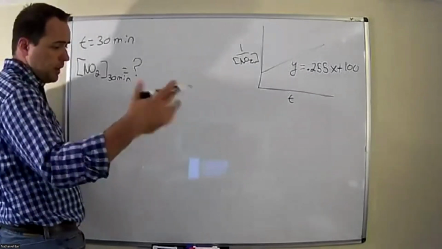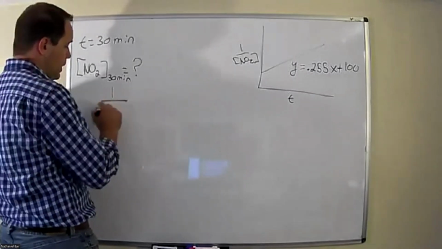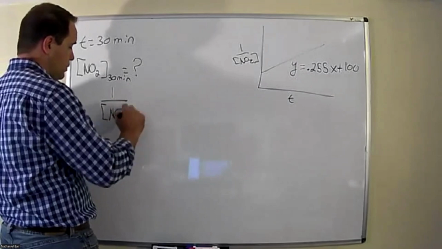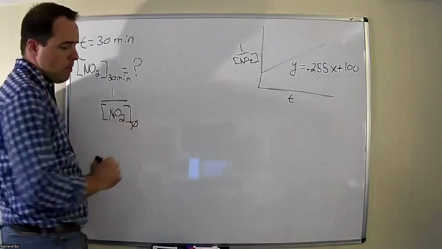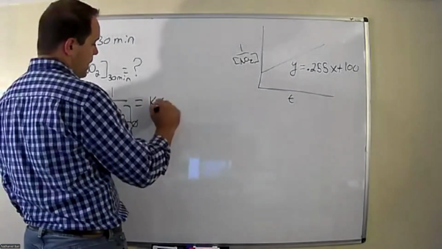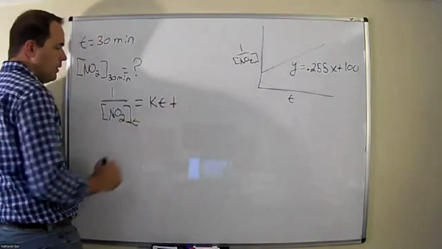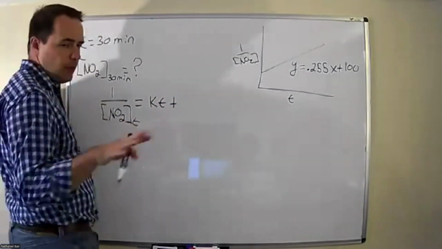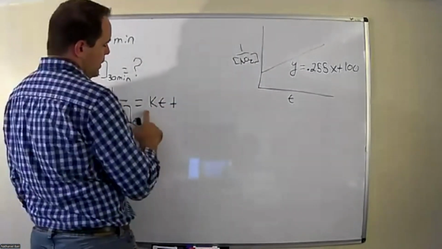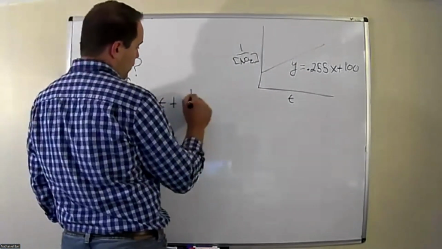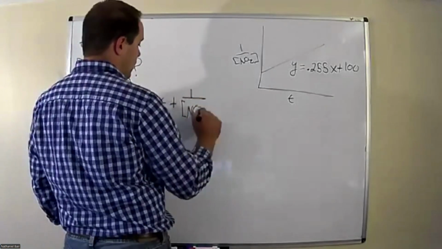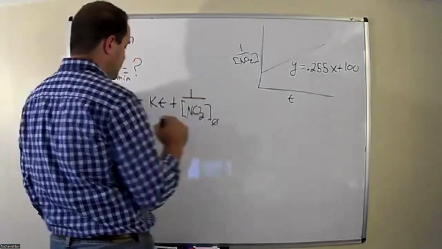The integrated rate law for a second order reaction is 1 over the concentration, in this case NO2, at time t, which is going to be 30 minutes here, equals positive kt plus 1 over the initial concentration.